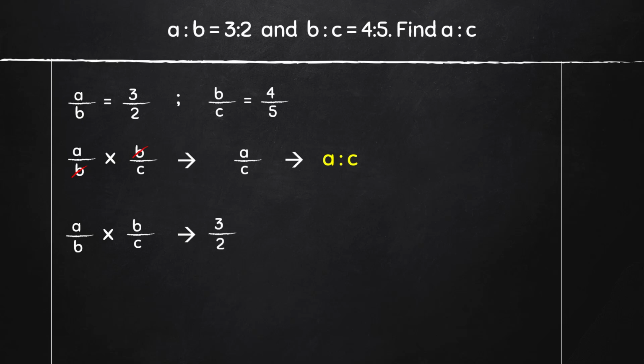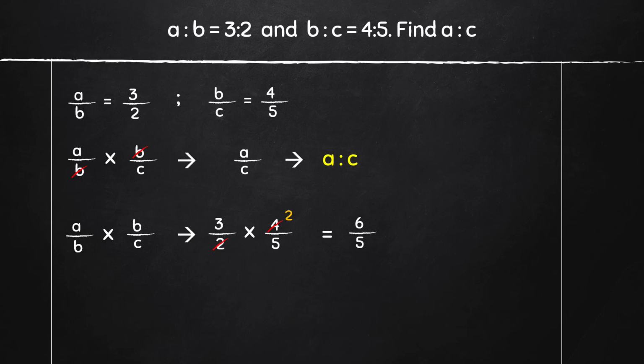So we have 3 by 2 into 4 by 5. 2 times 1 is 2, 2 times 2 is 4. 3 times 2 is 6 and 1 times 5 is 5. So what have we actually done?